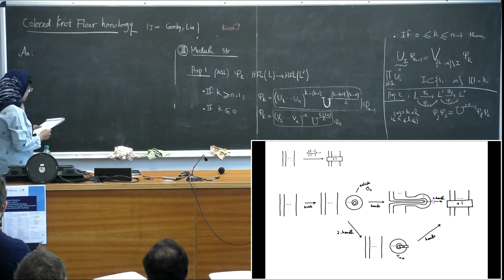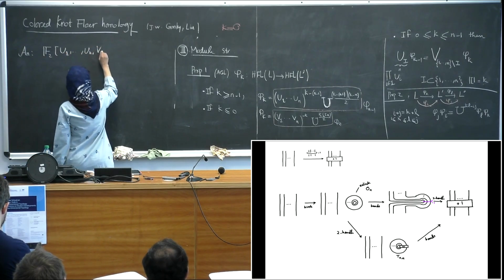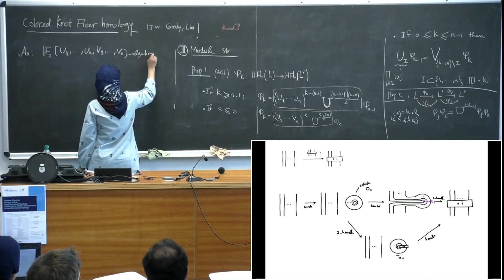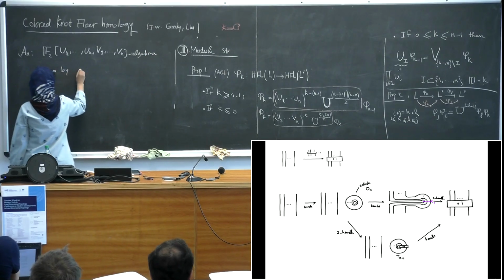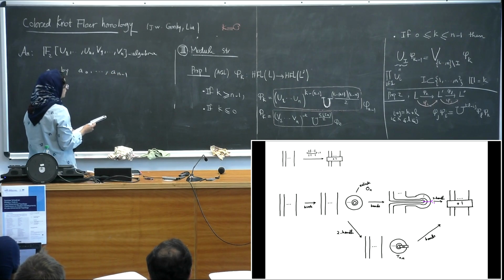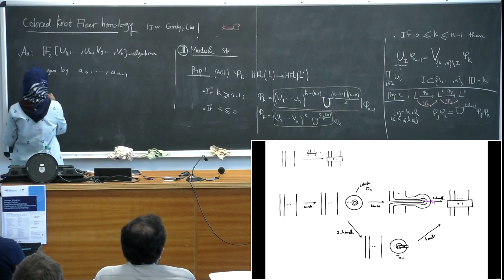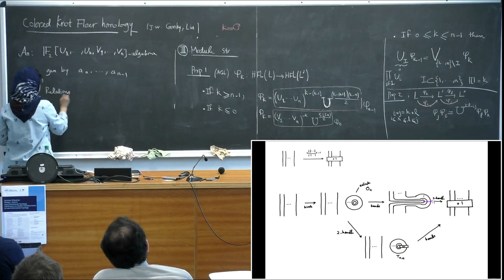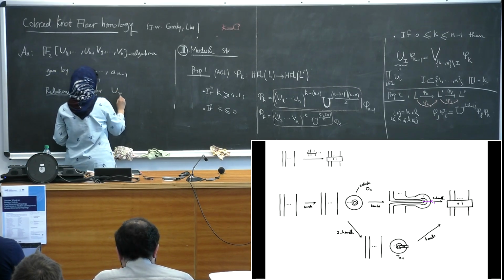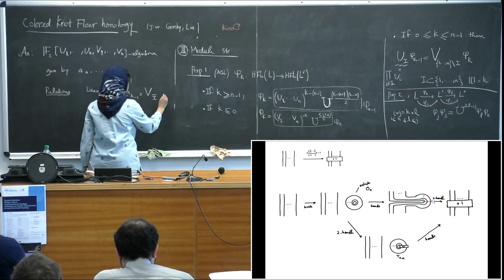We can define this algebra A_n to be the F2[U_1 through U_n, V_1 through V_n] algebra generated by A_0 through A_{n-1}, with linear relations U_I A_{k-1} is V_{I bar} A_k.